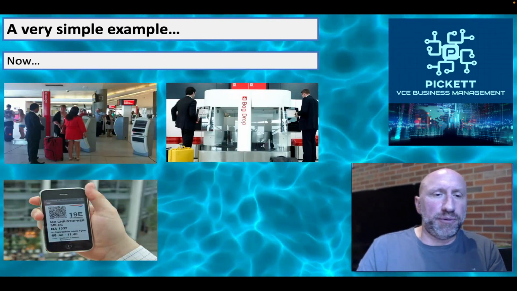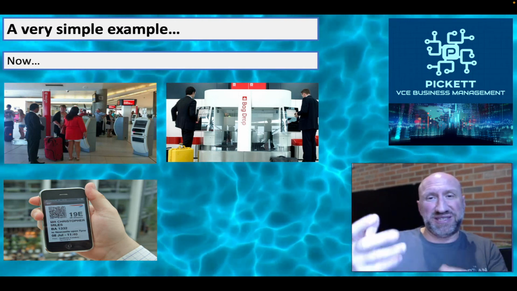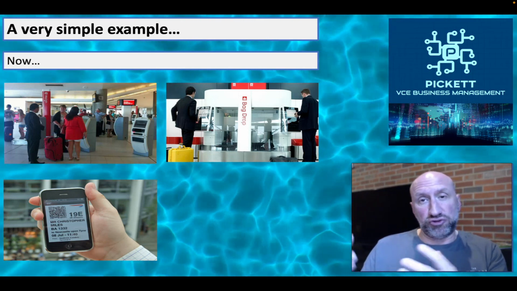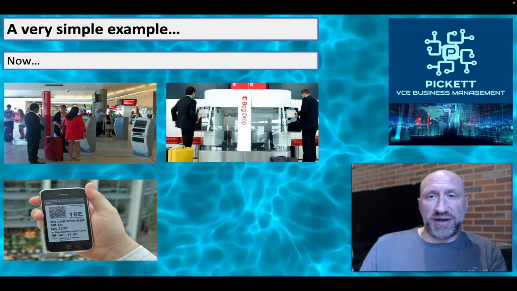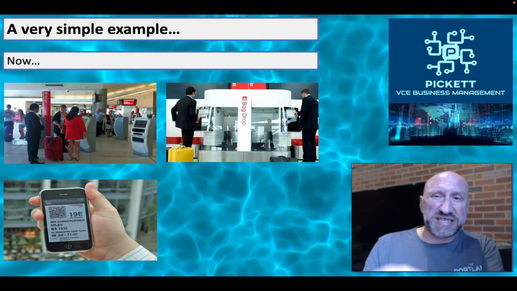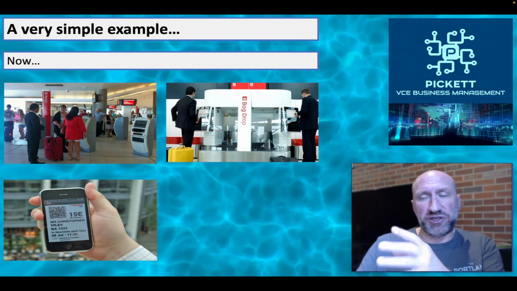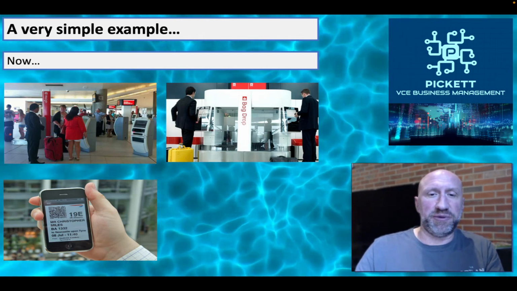Now you go to the airport. Usually you're checking in your own bags at a self-serve check-in. You're dropping your own bags at the self-serve bag drop. And instead of a paper ticket, you might end up with some kind of e-ticket on your phone, which is then scanned before you board the plane. So the whole process has very much changed.